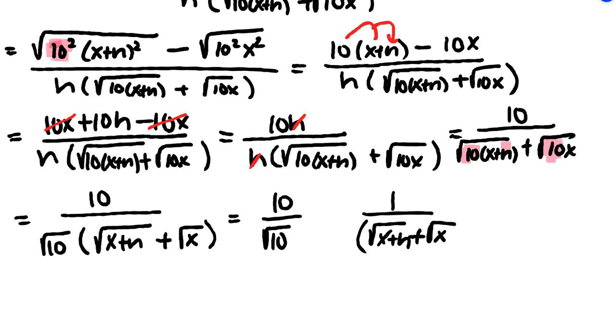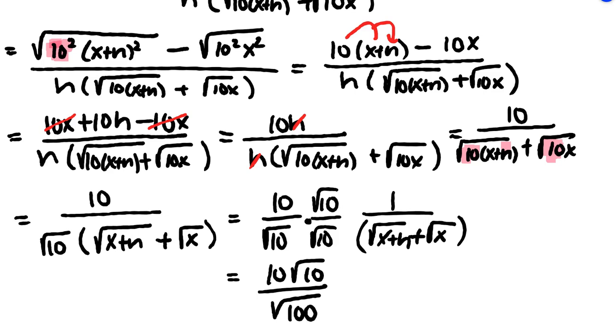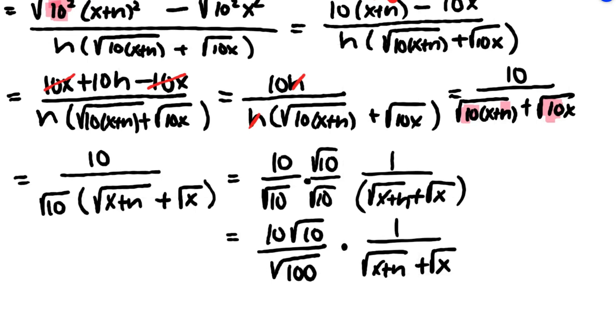So let me treat these separately. I'm not changing the second fraction here with the radicals, but if I multiply this first one by square root of 10 over square root of 10, in the numerator I would have 10 square root of 10, and in the denominator that would multiply to be square root of 100. And square root of 100 is 10.